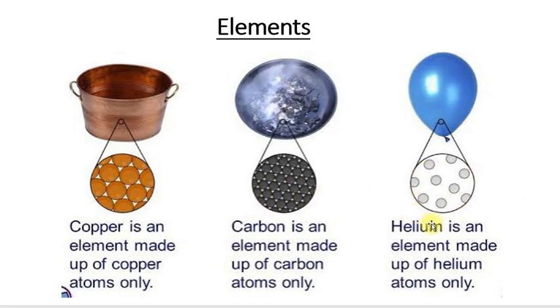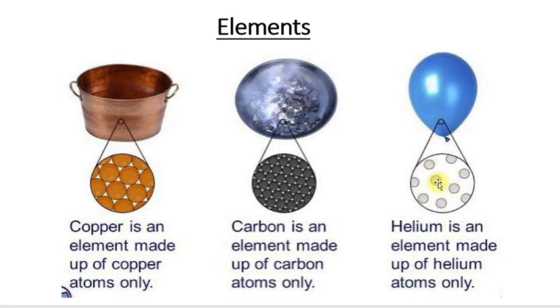In the same way, this is helium gas filled in a balloon and there are so many atoms in this element. Helium is an element. There are so many atoms, but these atoms are of a different kind from copper and carbon. But you can see that helium itself has the same type of atoms.